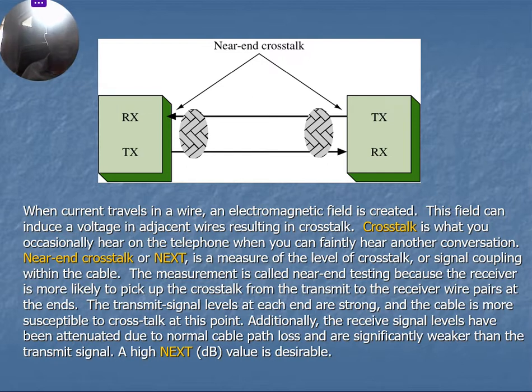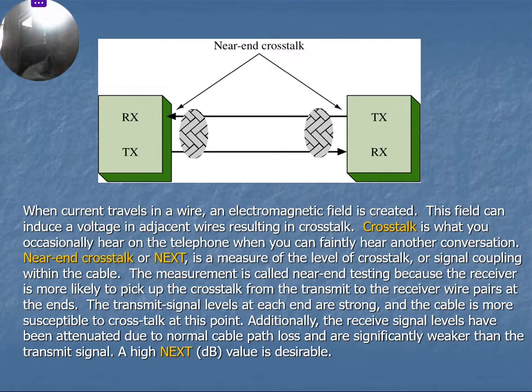You know, wires are in pairs. We'll show you how wires are adjacent to each other. So in any adjacent wire, crosstalk can result. Now, crosstalk is what you occasionally hear on the telephone when you can faintly hear another conversation.